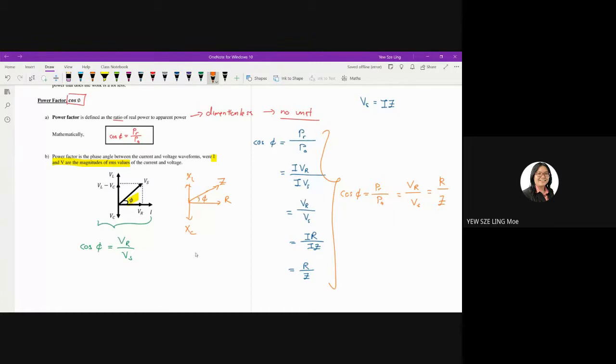By looking at this phasor diagram, once again, straight away you can obtain cos phi is equal to R over Z. So basically, you don't even have to memorize the equation. All you have to know is the phasor diagram. If you know the phasor diagram, then it shouldn't be an issue to determine power factor, phase angle, V source, and also Z. Everything comes from the phasor diagram.